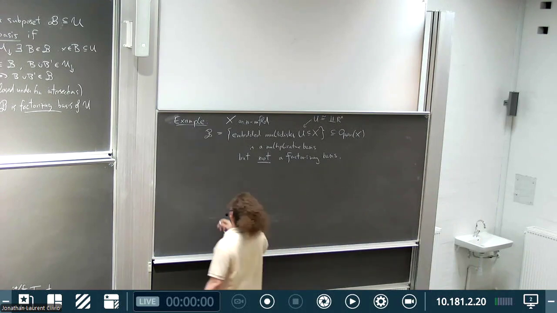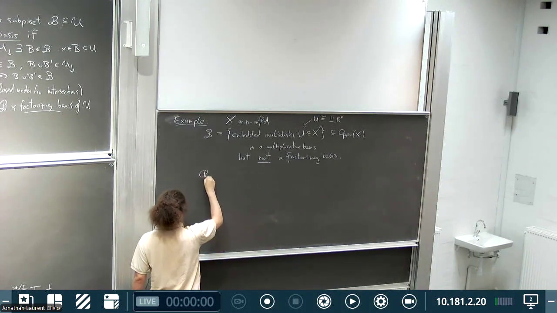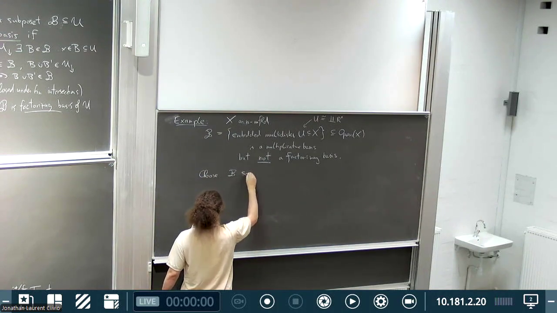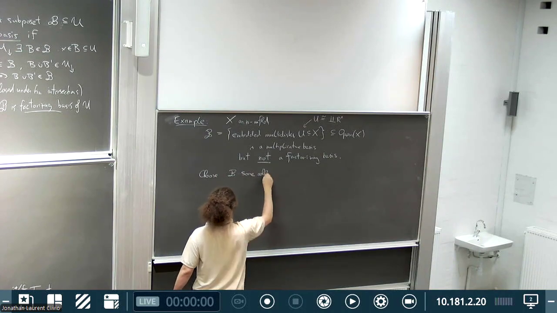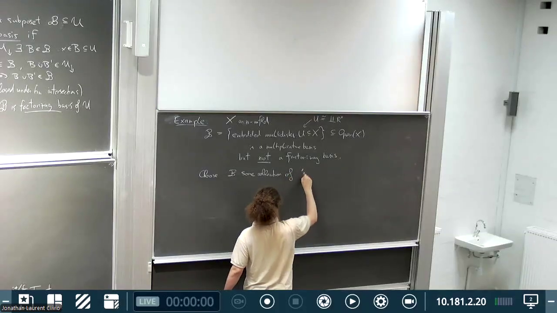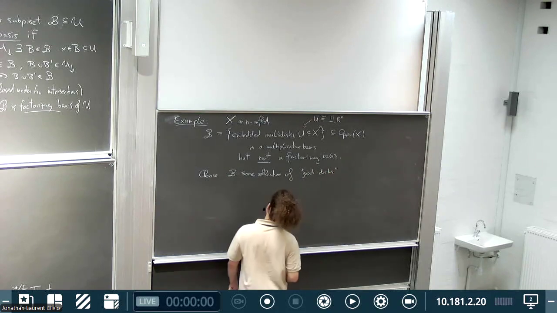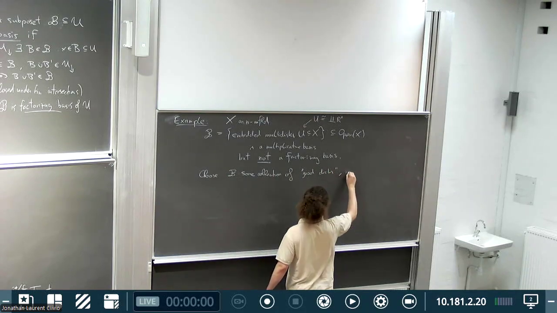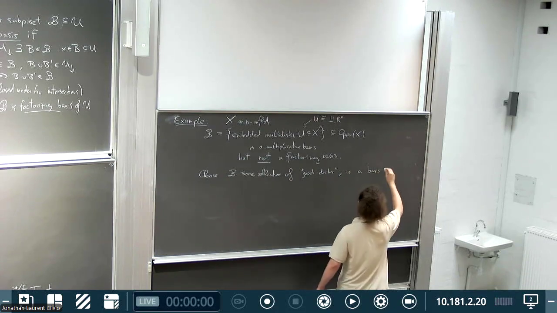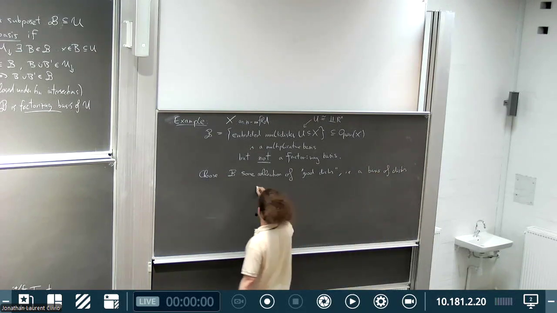But you can remedy this in some situations, like sometimes you can choose some collection of good disks. So by this I mean the basis of disks closed under intersection.